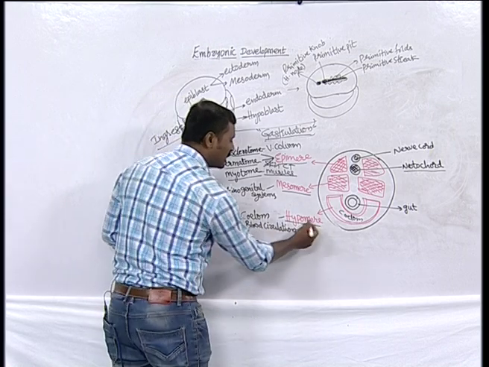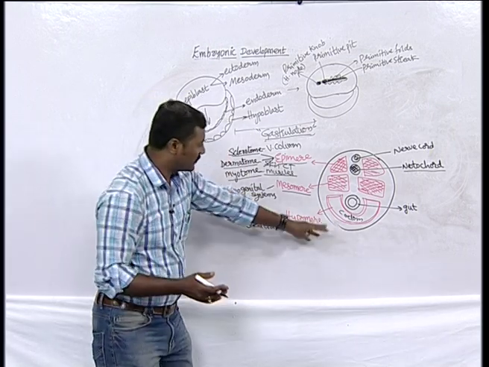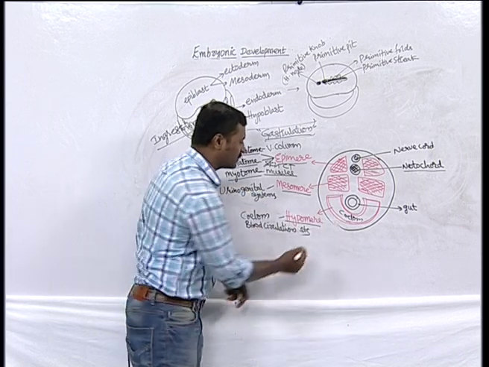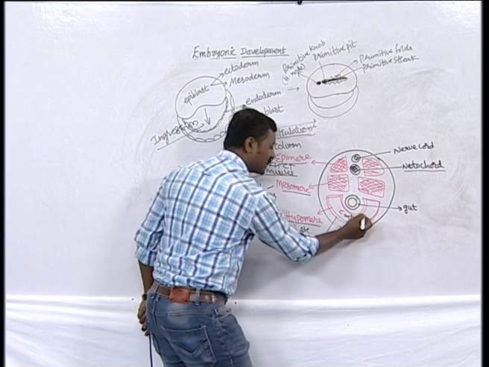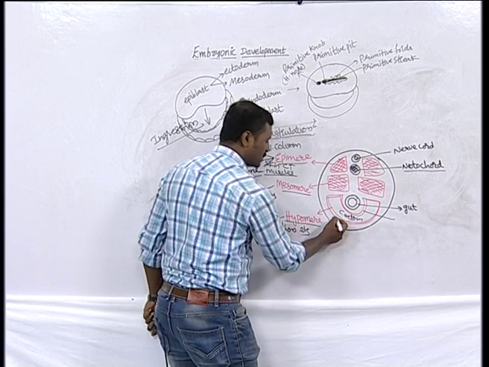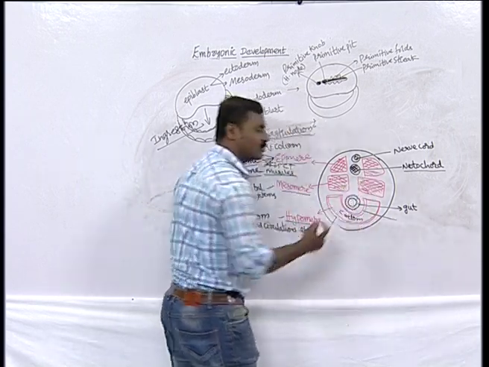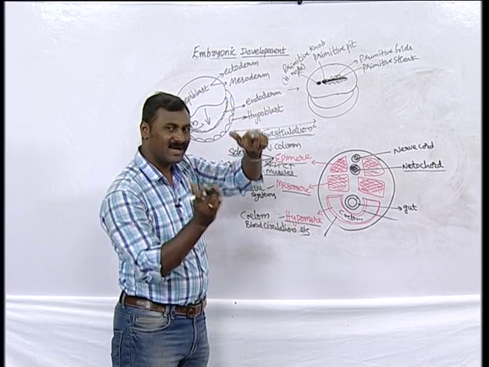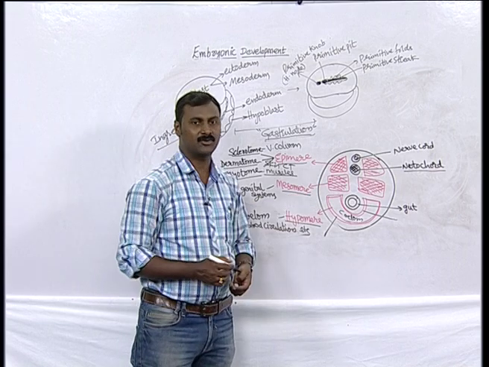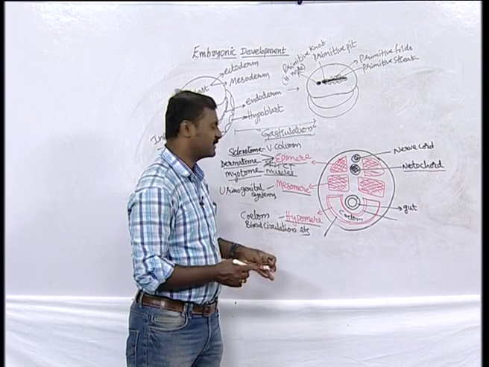Hypomere shows 2 layers. The outer layer is somatic peritoneum, which is near the body wall, and the inner layer near the gut is called visceral peritoneum. Between the two layers we can see the coelom.